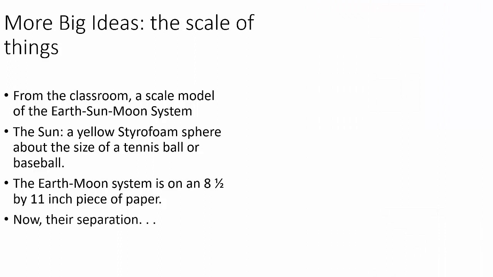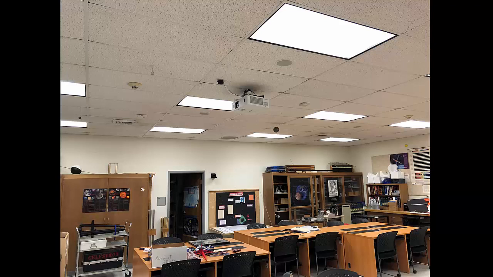Now, how far apart should I put those things? Well, I had to back up a ways to be able to get the orientation correctly. Here's the classroom. It's kind of a mess right now. I haven't cleaned it up. In fact, I can't even go there supposedly most days, but sometimes I sneak in to take pictures. Okay, stuck to the ceiling is that Earth-Moon system paper.